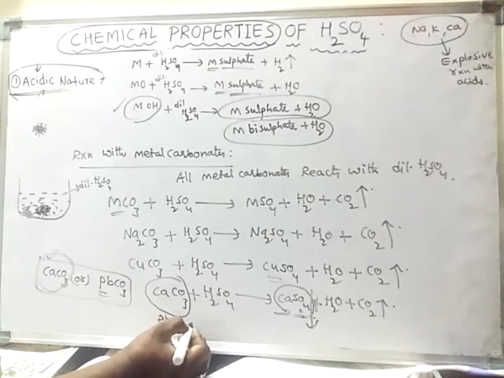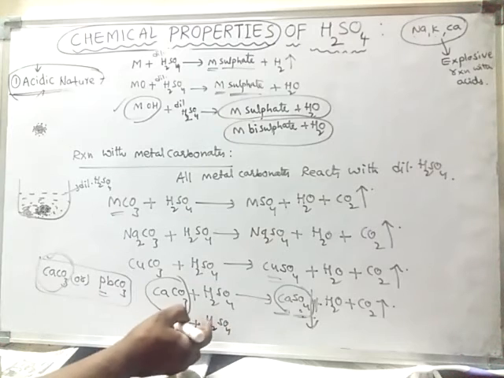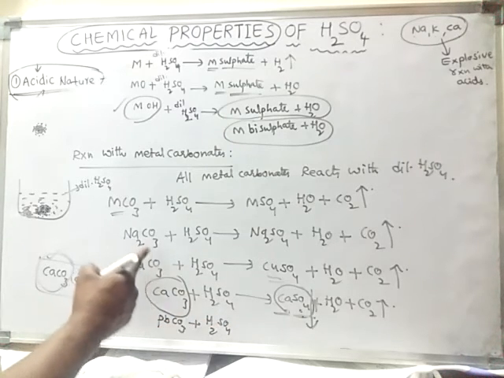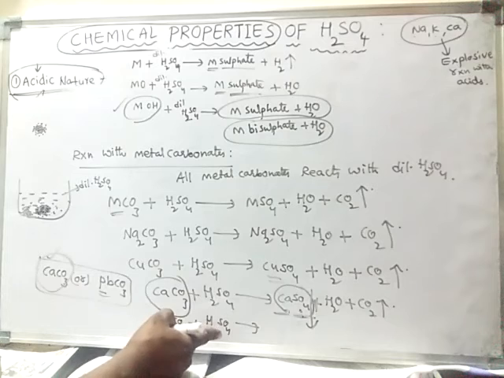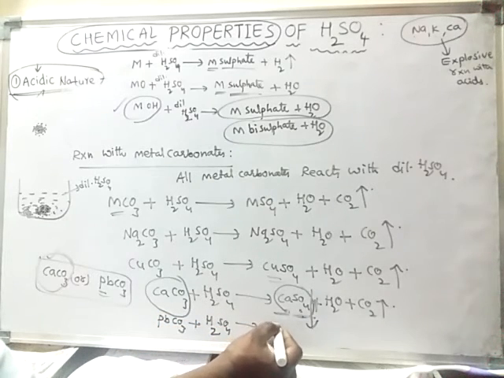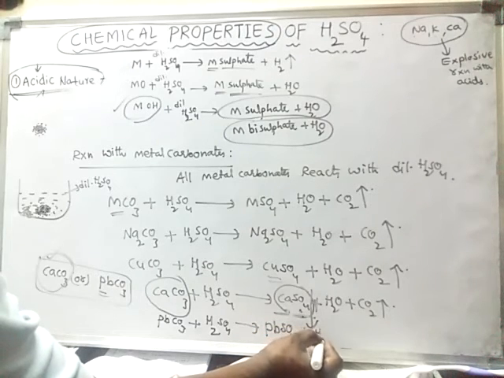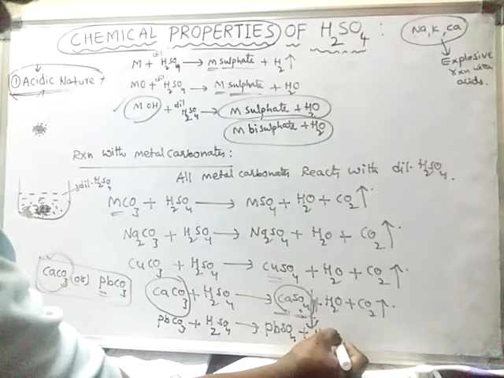Even lead carbonate, when reacted with dilute sulfuric acid, initially undergoes the same type of reaction, and lead sulfate is formed along with water and the liberation of carbon dioxide.